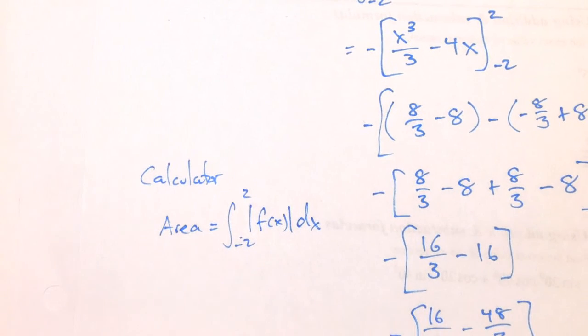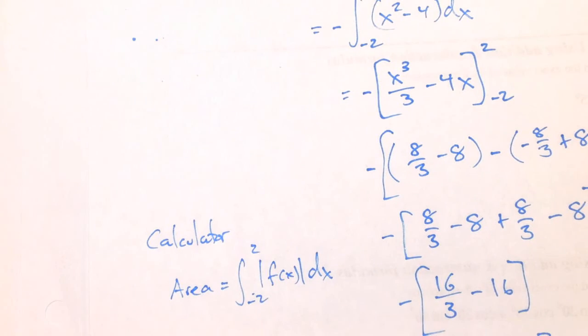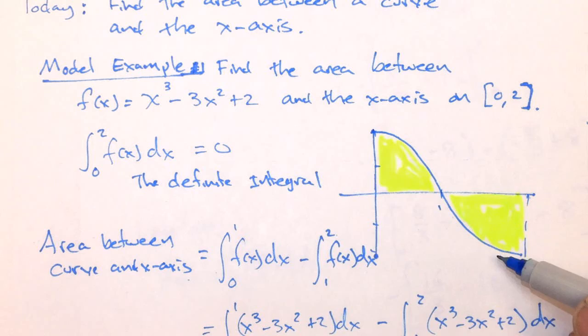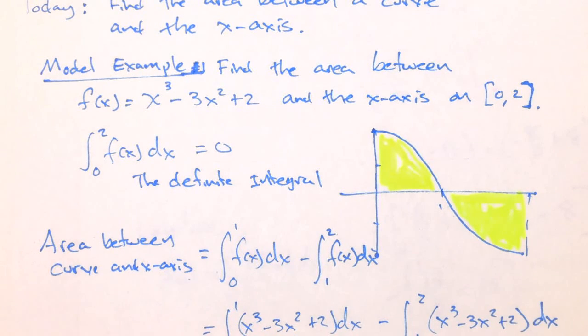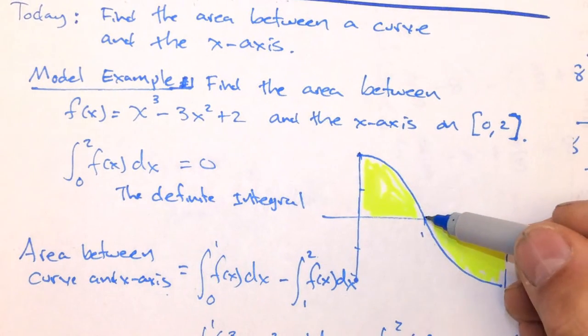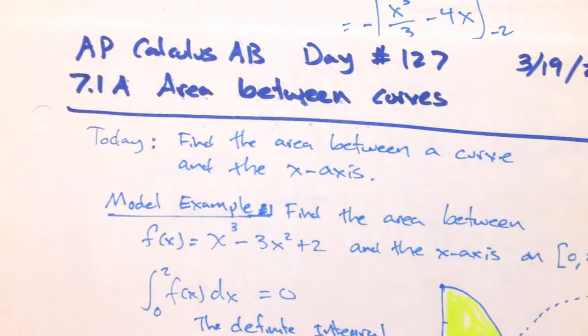It's going to give me the positive answer. To review really quick, the way that is really handy is when our function crosses the x-axis and I don't really know where. So this will just kind of solve that problem for us by making this part right here a positive area. Anyway, I hope that helps.